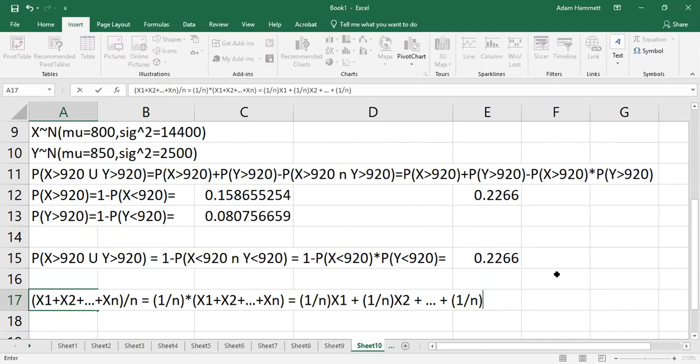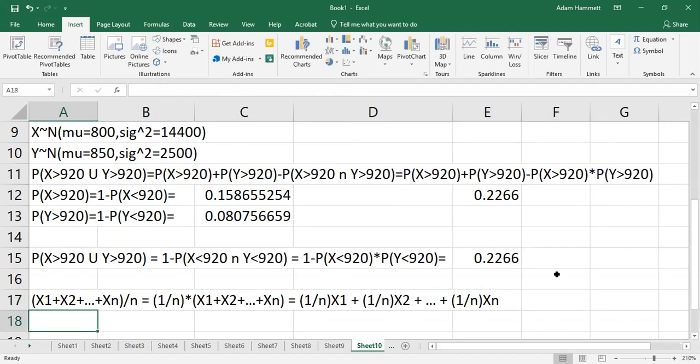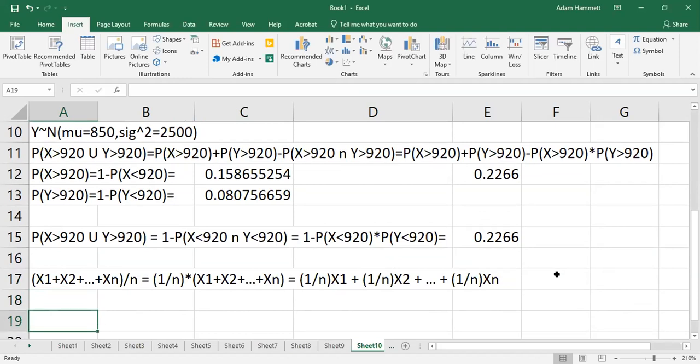Okay. So 1 over n times xn. If I compute the expected value of this, if all of those xi's have the same expected value, let me actually copy and paste this.